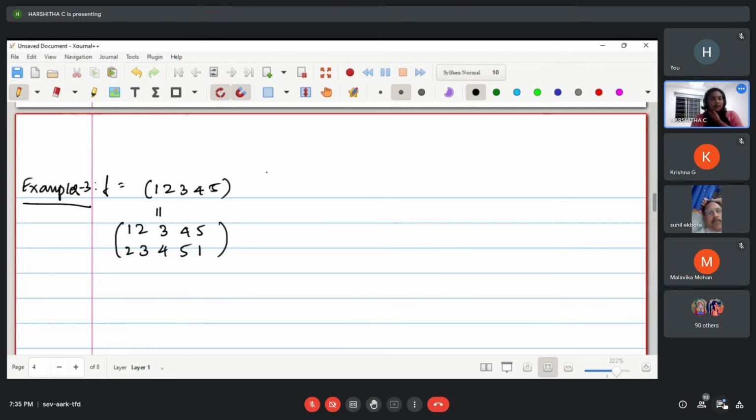Okay. How do we write this? See, if you want to think about it naively, let's say you have 5 boxes, 1, 2, 3, 4, 5, and you have 5 objects.